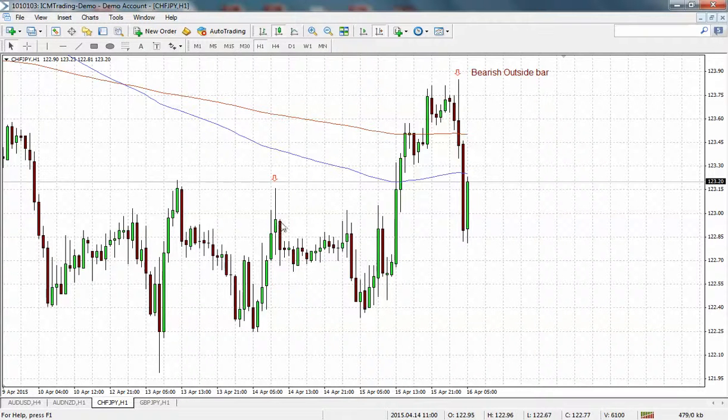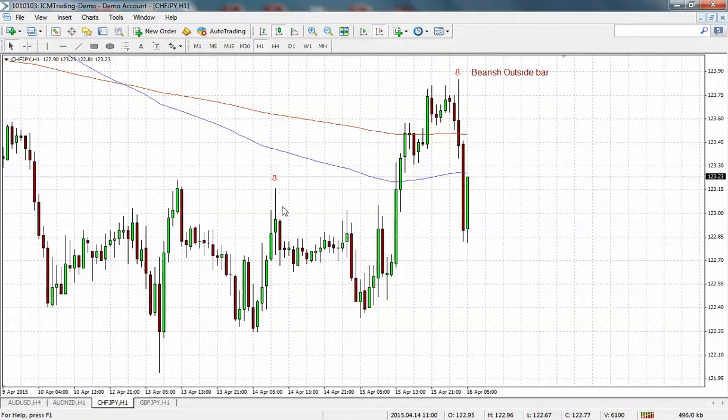All right, guys, remember, for each of these bars, look for them on your charts. They come up very frequently, but you have to find them at very good locations. So the bearish outside bar, look for it in extreme highs of consolidation or at the top of a trend. If you're looking for a bearish pin bar, look for it in the same place, extreme highs at the very tops of trends.